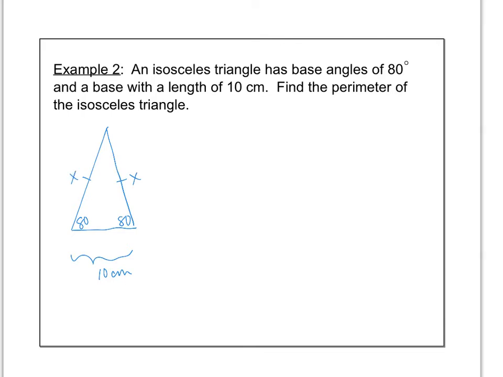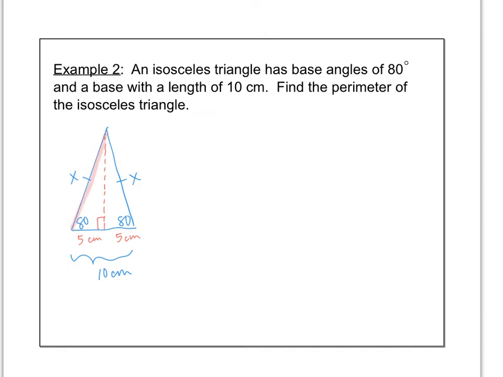In order to do that, I want to get a right triangle. So I'm going to drop down an altitude here, or a height, and I'm going to think about this 10 at the bottom. I think it would be divided into 5 centimeters and 5 centimeters since it's an isosceles triangle. Now I can use half of the original triangle.